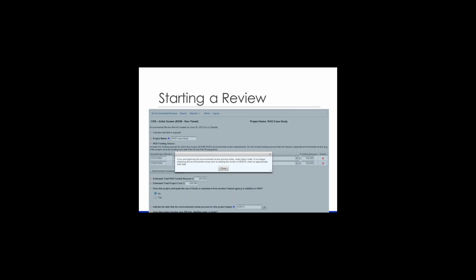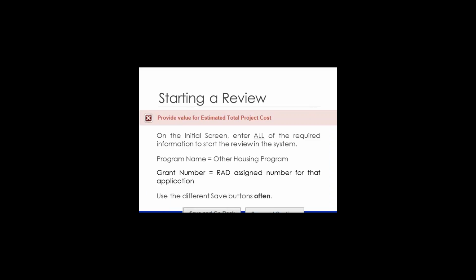But you wouldn't want to do that for tax credits, so just always say no. So if you hit yes, does something pop up that says you might want to think about combining reviews? If you say yes, you will get a screen that asks you to consider doing a cooperating agency agreement with the other agency, and you don't want to do that. That's not going to be something you'll want to do, so just say no.